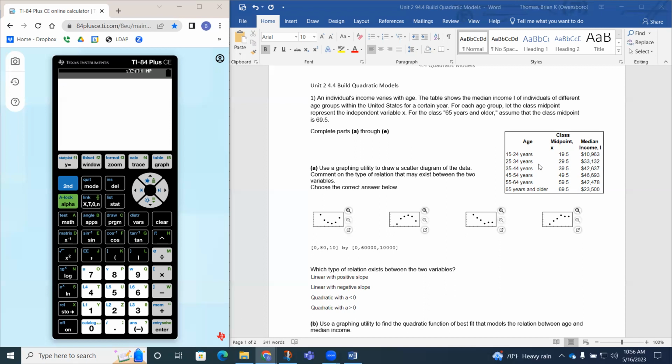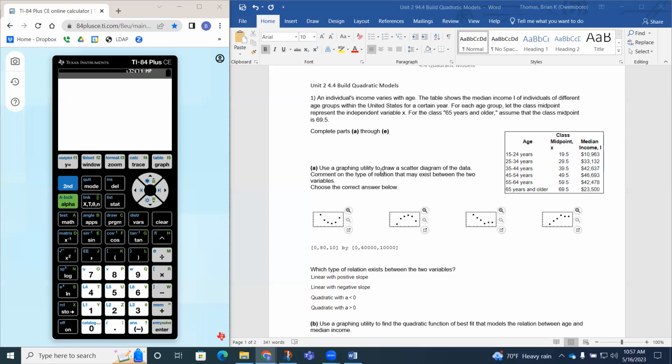As you get to be age 29.5, your income is 33,000 or so. 39.5, 42,000. 49.5, 46,000. 59.5 is 42,000, and 69.5 is 23,500. Now remember, income varies from state to state because cost of living varies from state to state and even from city to city for that matter. So this has a lot going on when it comes to looking at people's incomes because it's also based on where you live as well.